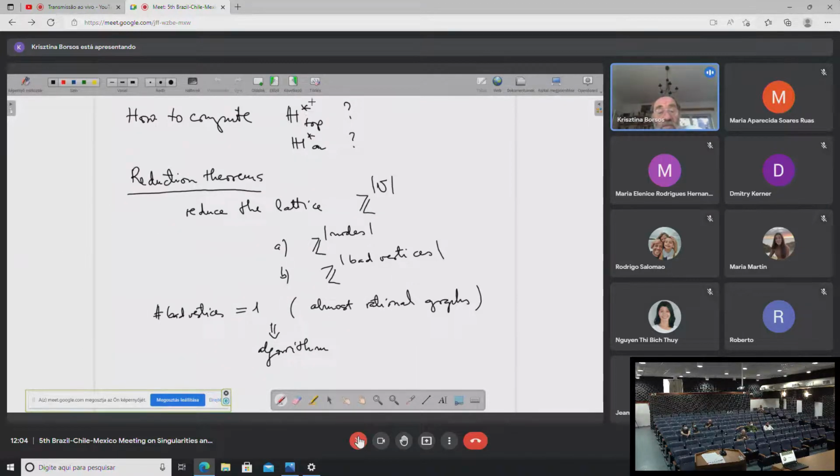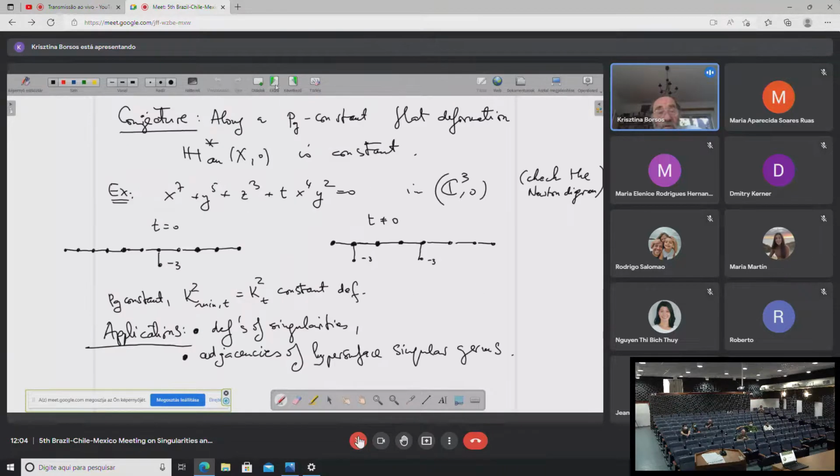Yes, and I somehow missed the conjecture here with respect to analytic lattice cohomology: what we expect is that along a PG constant flat deformation, all the H star analytic is constant.